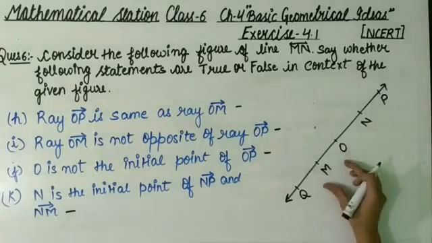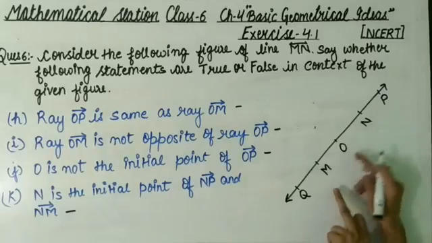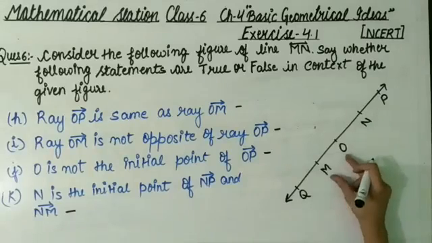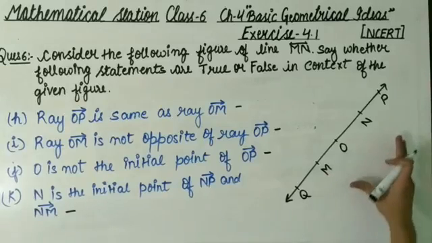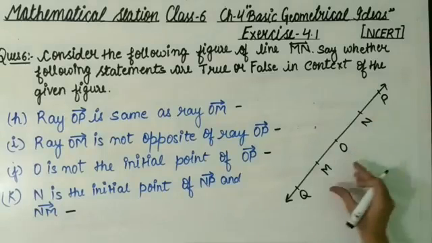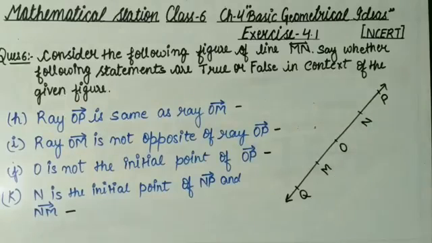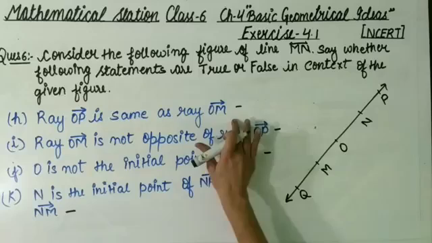If we talk about ray OP, then in the middle there is N, and OM is like this. Their names are different and OP has a midpoint. So ray OP is not the same as OM, and this statement is false. Okay, so we will write false.